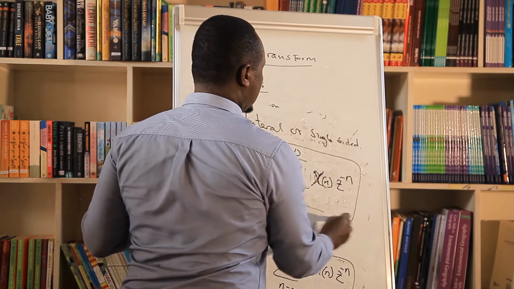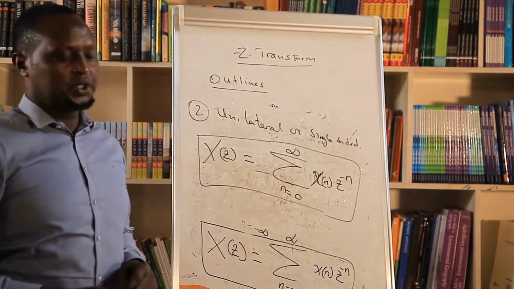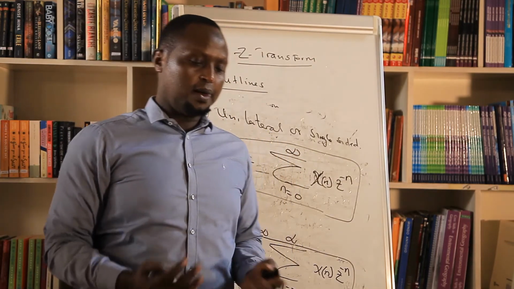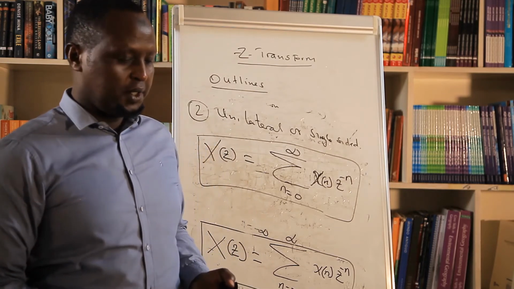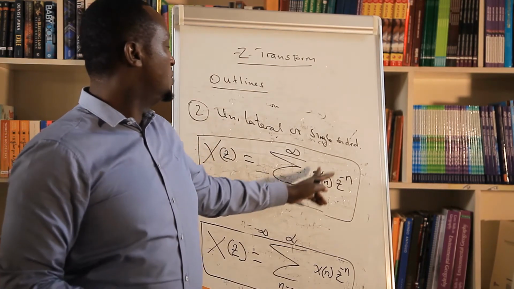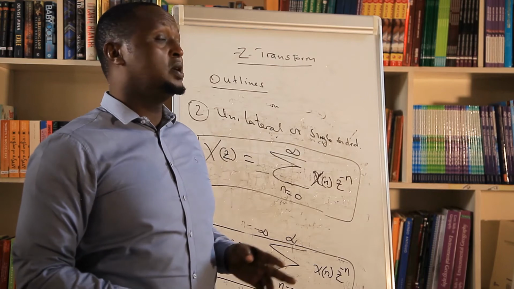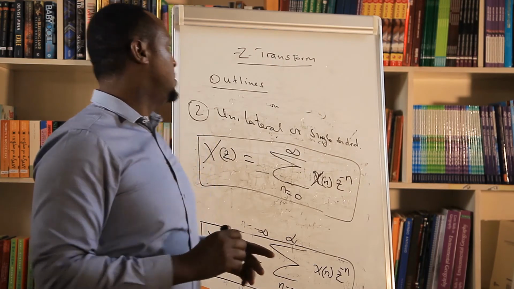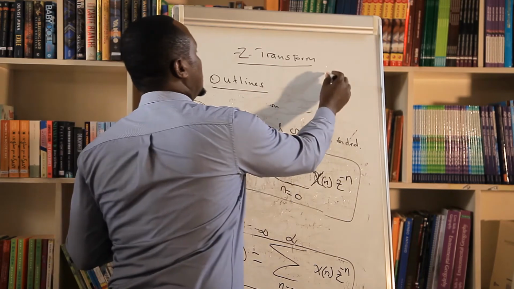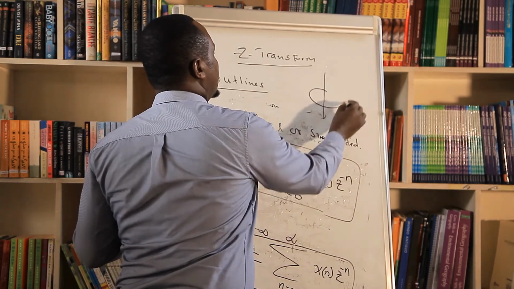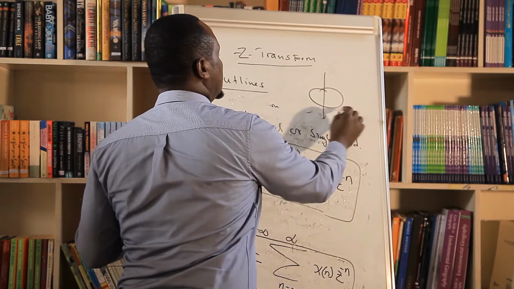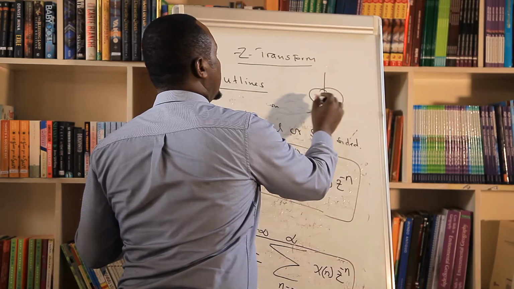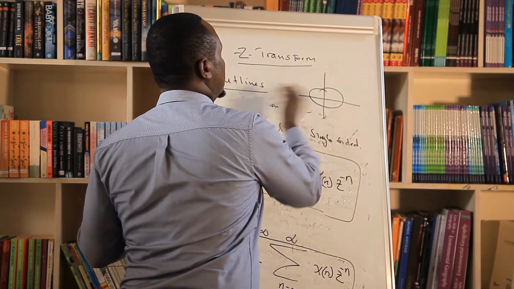Throughout our calculation, we are going to use these formulas. When we talk of single-sided, we are talking of right-sided. Remember when I was dividing this circle into two pieces, we said this is the right side and this is the left side.